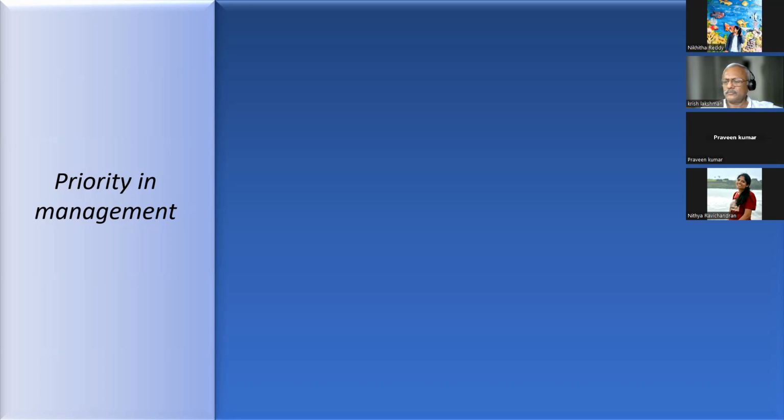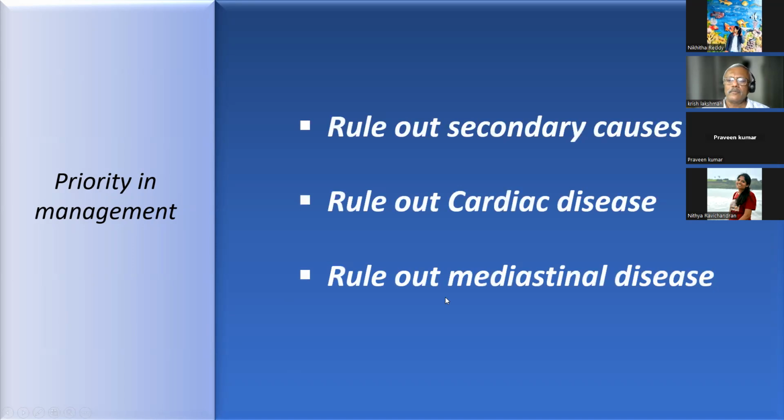What else? Rule out secondary causes. Okay. Cardiac, definitely, you have to do that. And for anything extra esophageal, which could be either cardiac or mediastinal. But what is more important, I told you about the primary and the secondary causes for neuromuscular disorders. You cannot deal with secondary causes as a surgeon.